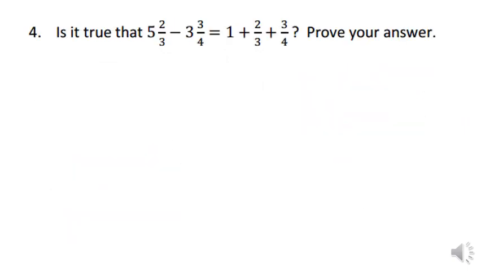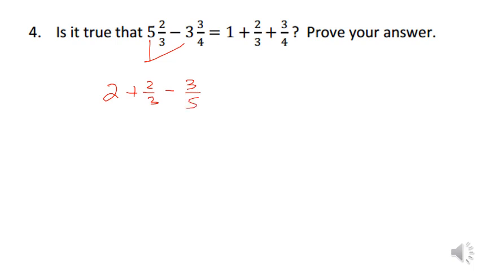Number 4, is it true that 5 2/3 minus 3 3/4 equals 1 plus 2/3 plus 3/4? Well, the first thing I'm going to do is go ahead and combine these two. So now I've got 2 plus 2/3 minus 3/4.